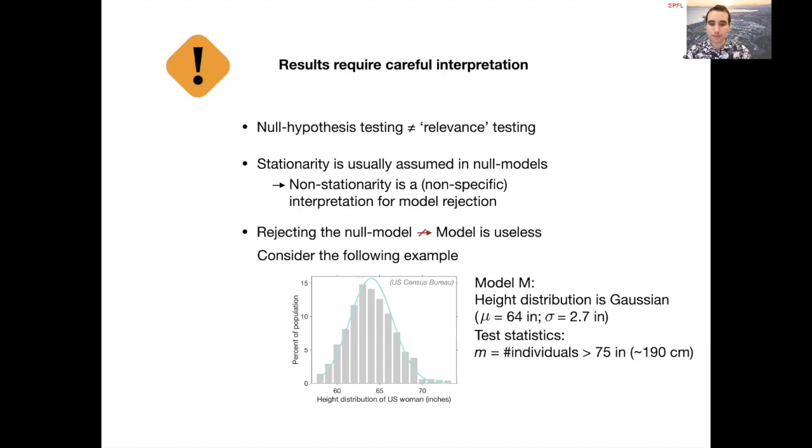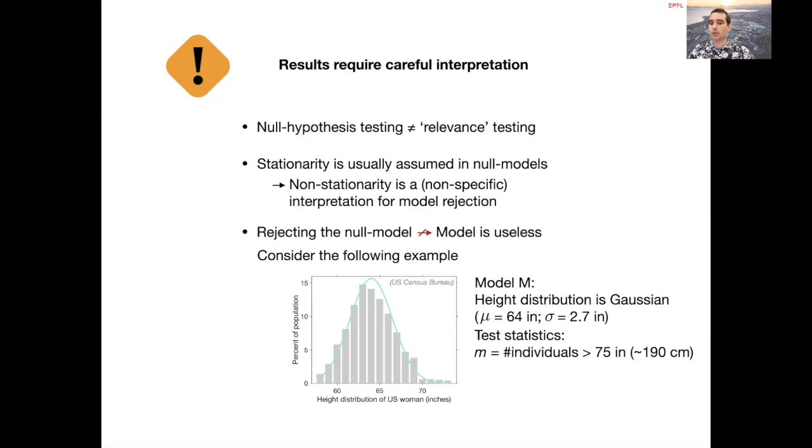Under the null, and if you do the math, it's straightforward to observe, the fact that the distribution can be represented by a Gaussian distribution means you will find that the probability of having women taller than 75 inches is virtually zero. It's 10 to the minus 10 or something. But in reality, there are some women taller than 75 inches.